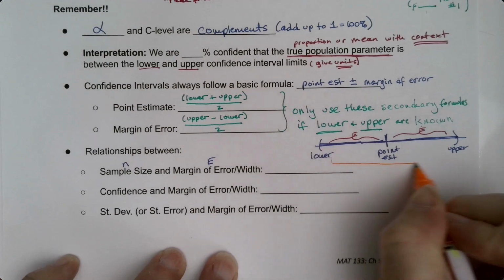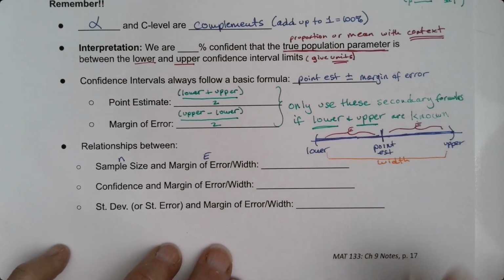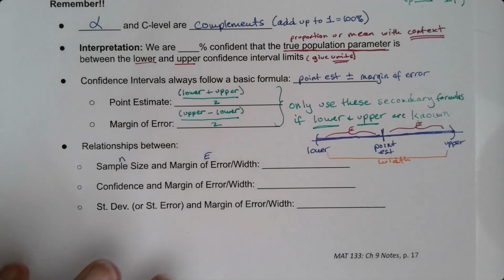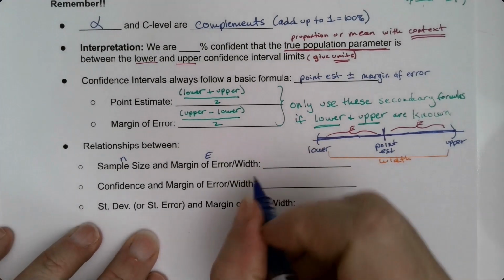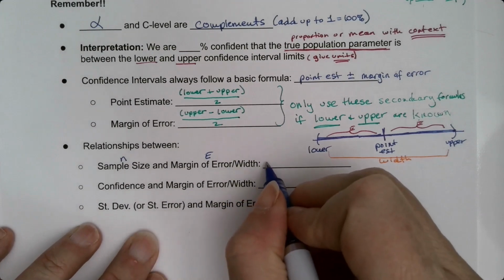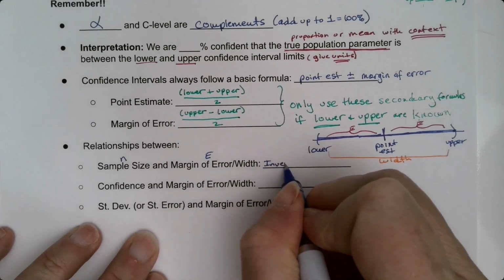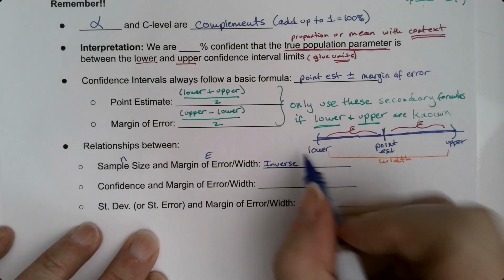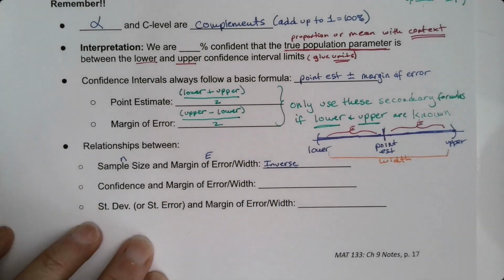The width is twice the error, right? So in other words, error and width are basically the same thing. All right, so if your sample, let me put it this way, they have an inverse relationship, which means that if your sample size goes up, then your error goes down.